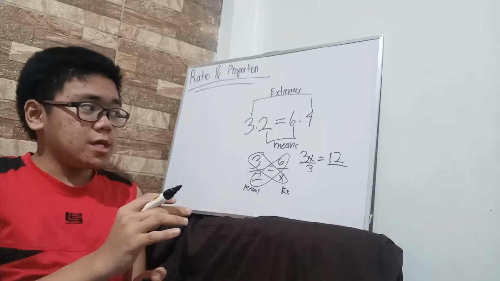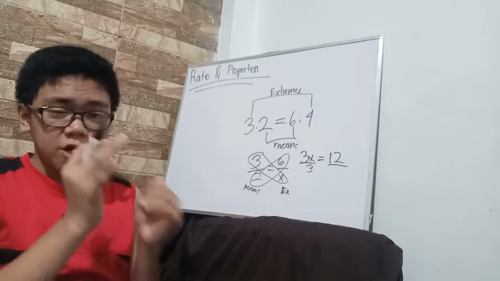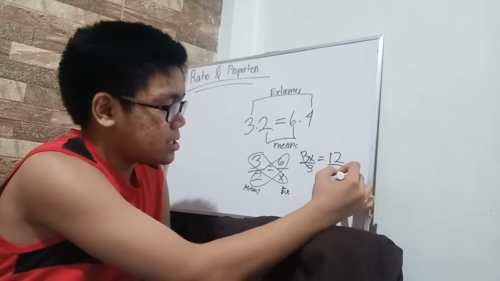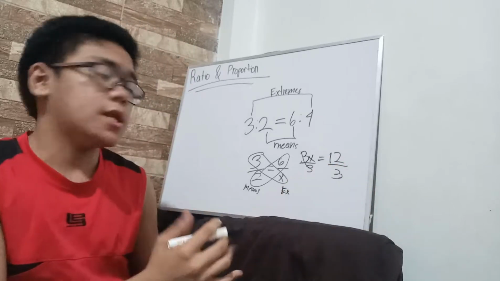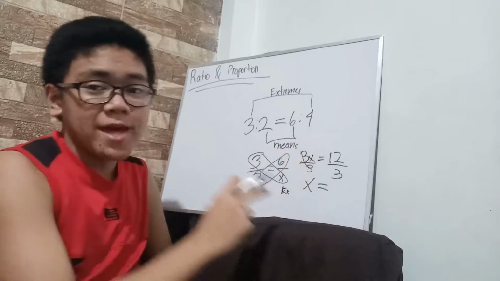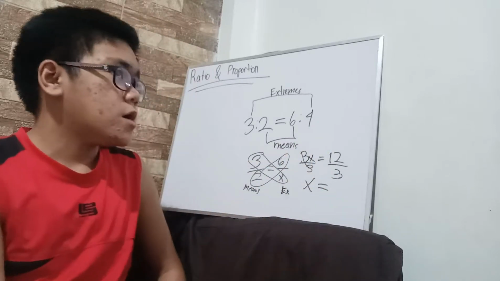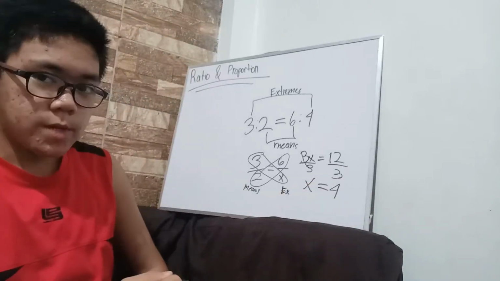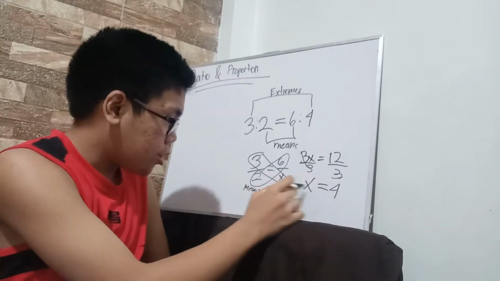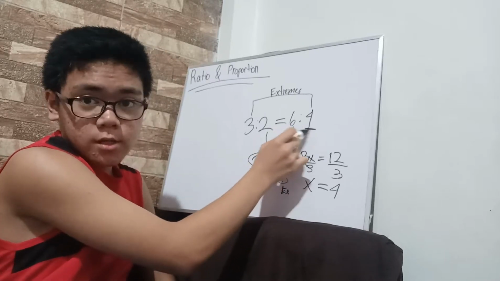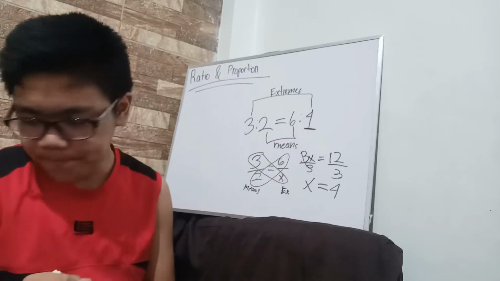The x should be, wala siyang kasamang numero. So ika-answer natin yun. Ito naman, di-divide natin sa 3. Kailangan pareha sila. So x equals 12 divided by 3, which is 4. So, ang sagot 4. Diba? 4 siya.